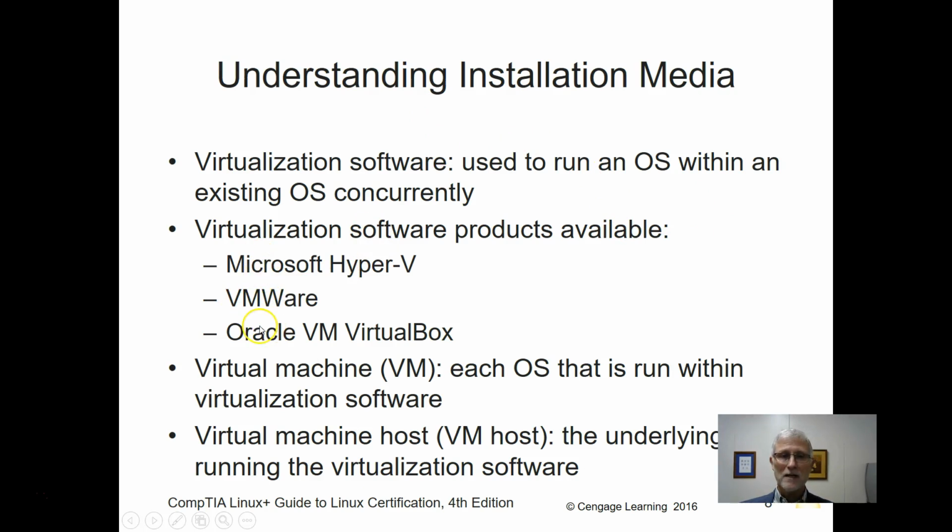Out of the three here, if I had a preference, I'd go VMware first, VirtualBox second, only from the standpoint that VMware seems to have a better relationship to the hardware. It doesn't allow you to shoot yourself in the foot too badly.